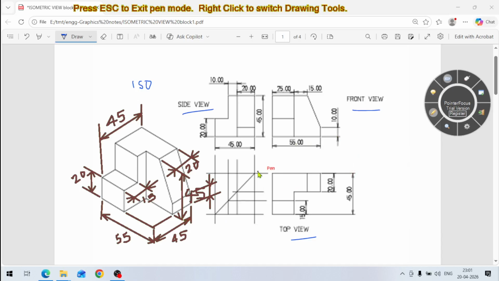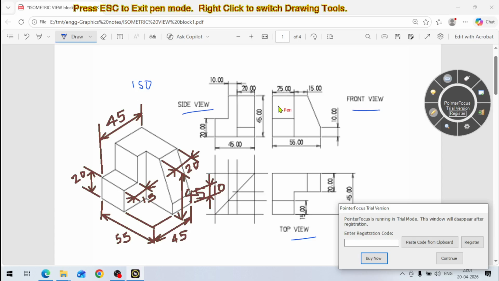It is 10 mm like this. This 10 mm distance is given here. So the dimension of this step is also given, and one more step is left, that is this step. How much is this step?